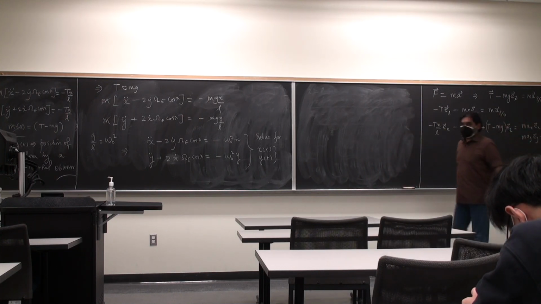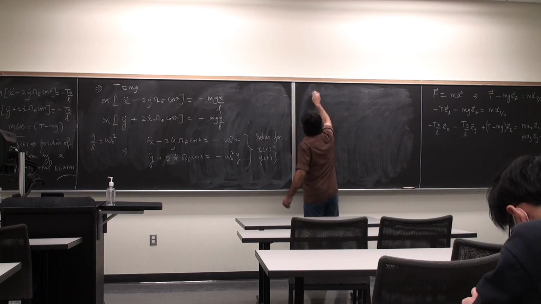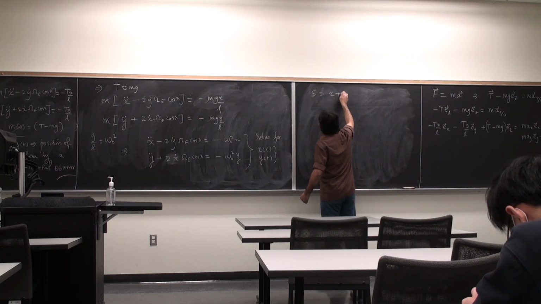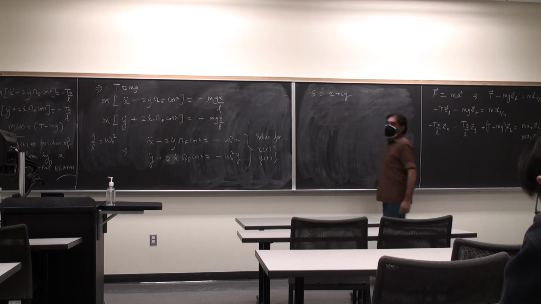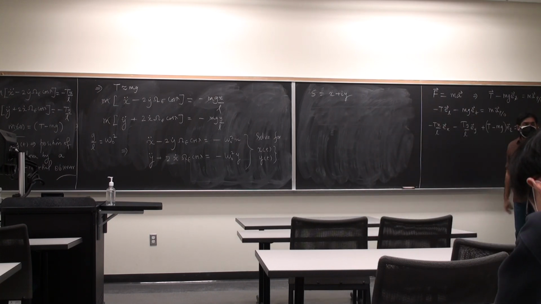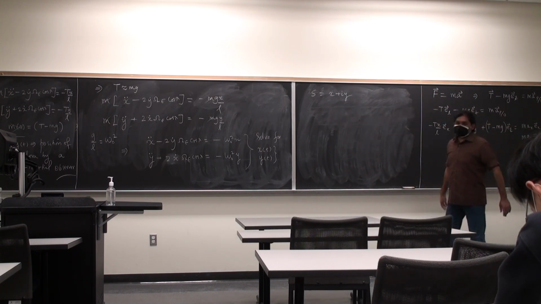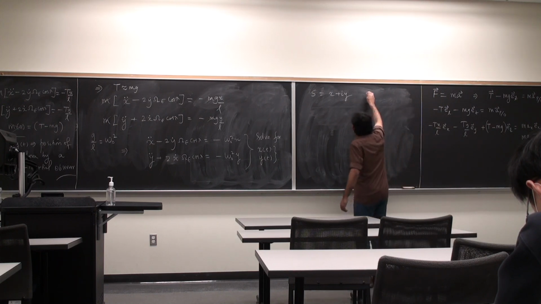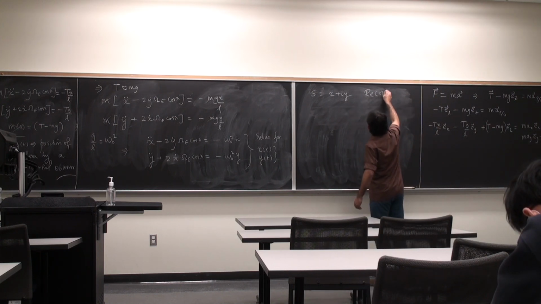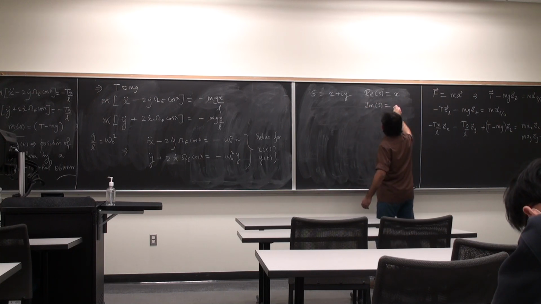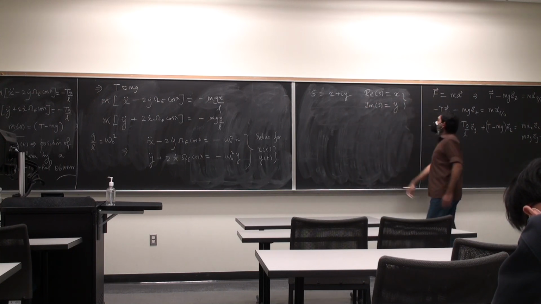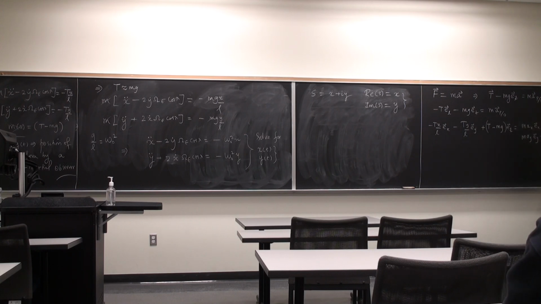So we do the following substitution. Okay, so we say some s is x plus i y. This is a trick, purely a trick. There's no physics behind this. The real part of s is x. The imaginary part of s is y. So if I need x, I will look at the real part of s.